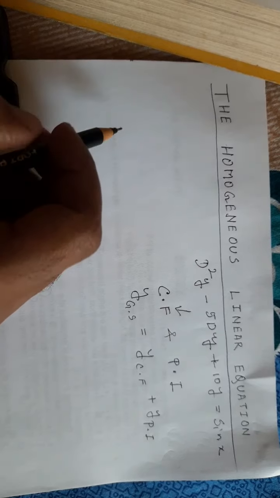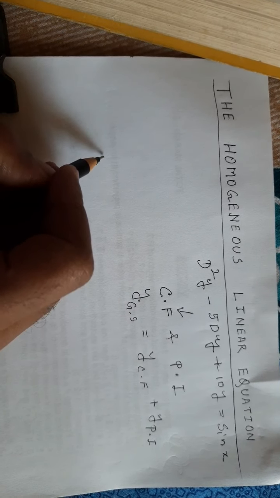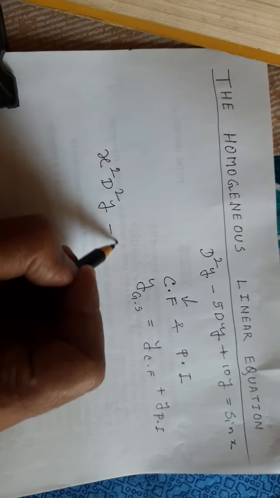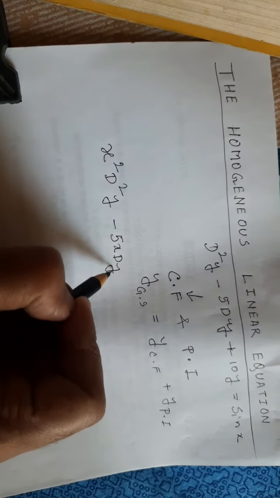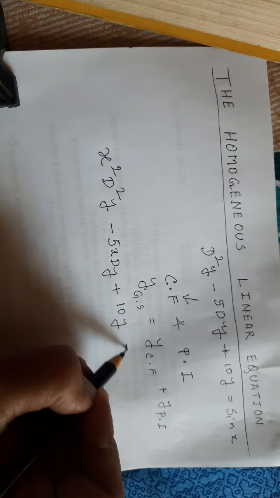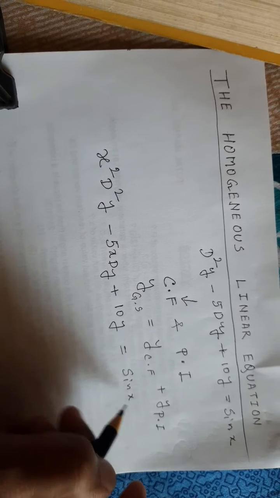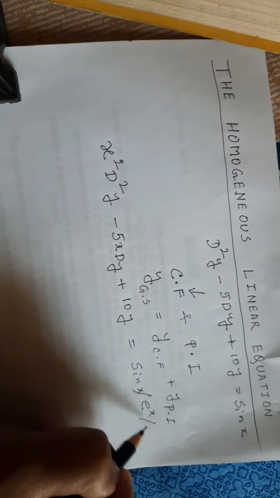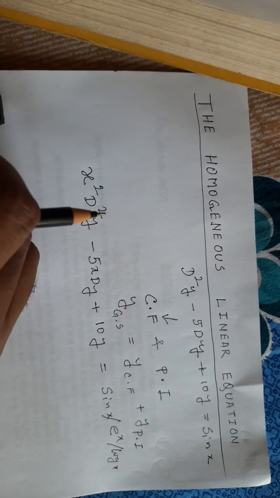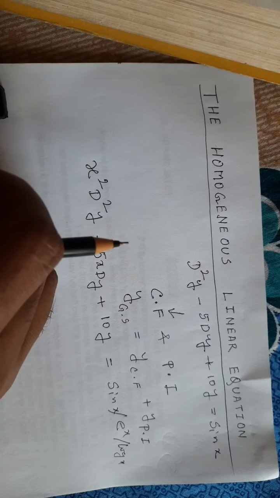The sums or problems are like x square d square y minus 5x dy plus 10y equals sin x, or it may be e to the power x, or log x, etc. What is the difference between the basic D operator maths and the homogeneous linear differential equation?